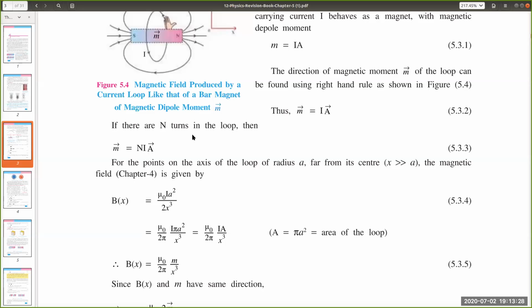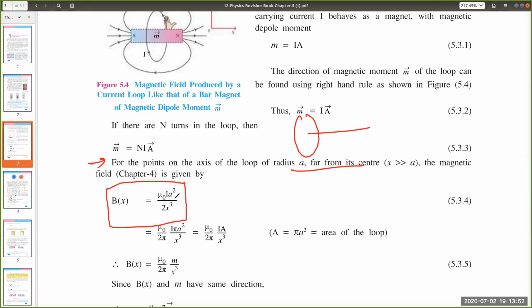So now you understand this statement. B of x is mu naught I 2a square by 2x cube. So write this. B from a loop is this much, mu naught I a square by 2x cube. And see what he's doing.